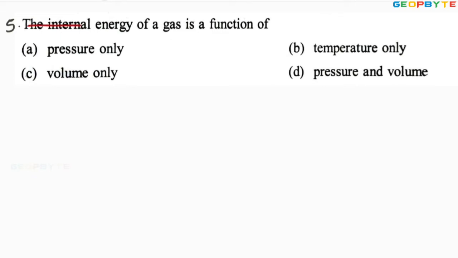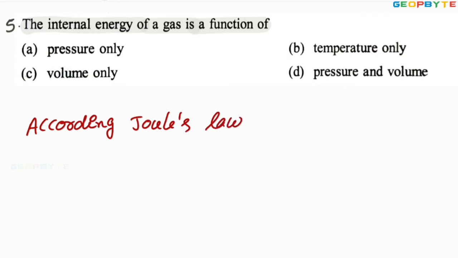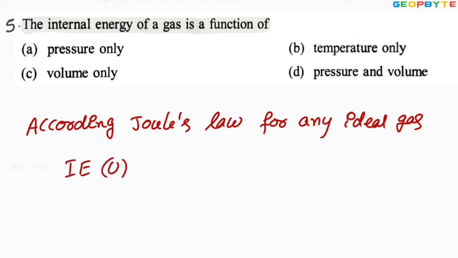The internal energy of a gas is the function of, remember, according to Joule's law, for any ideal gas or perfect gas, the internal energy U is the function of only temperature.